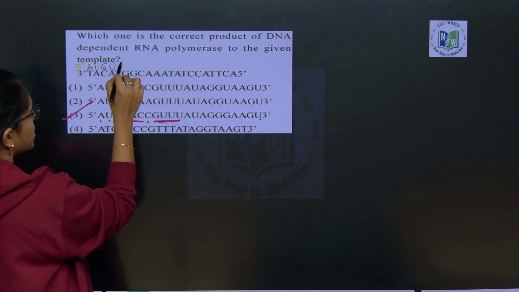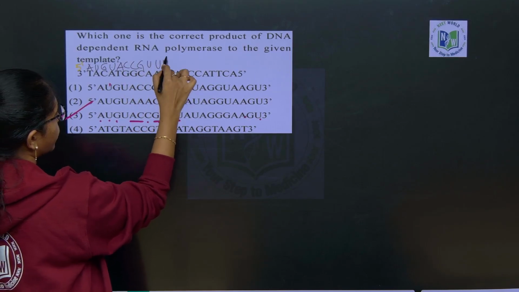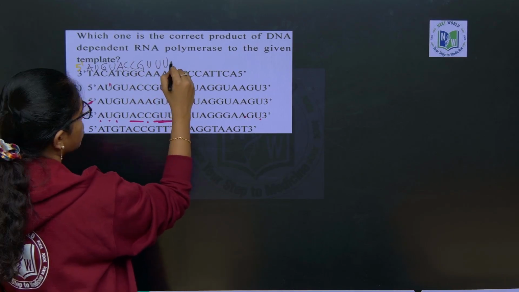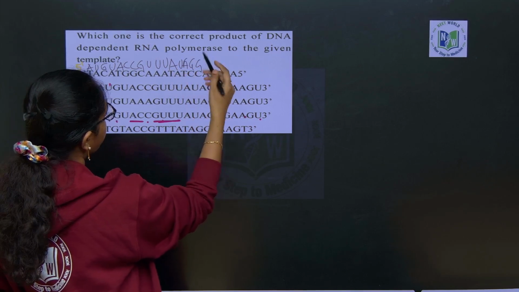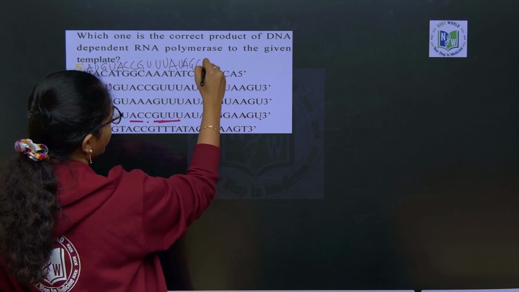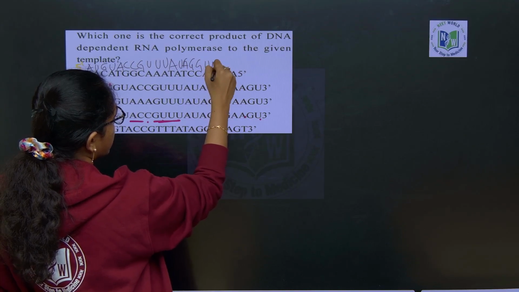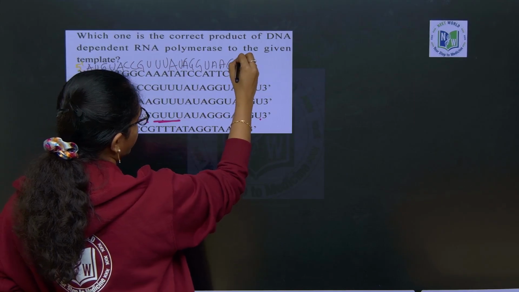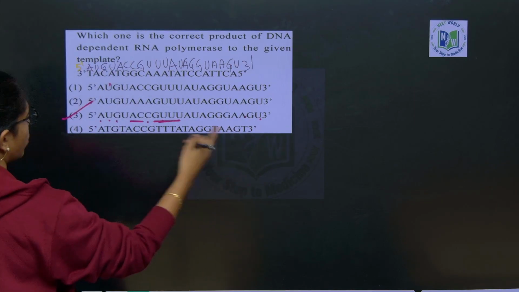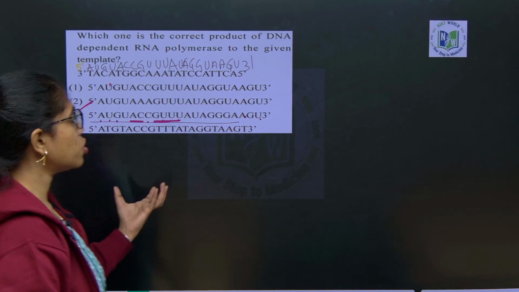Adenine codes for uracil, A, C, C, G, U, U, U. Again it is coding for A, U, A, G, G. A is coding again for U, and T complementary, that is A, G. A is coding again for U till 3 prime. So it is as it is of this. In this way you can decode.